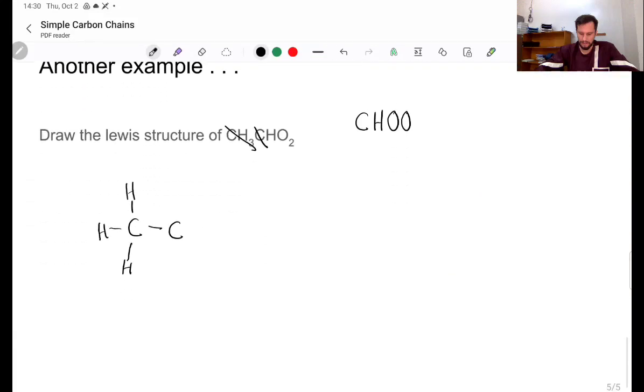Here they wrote CHOO. It's going to be the same thing. If for the final carbon we have an H and two oxygens that are connected to it, then we're going to draw them with the double bond to the one oxygen, and then the single bond to the other with the H attached to it.